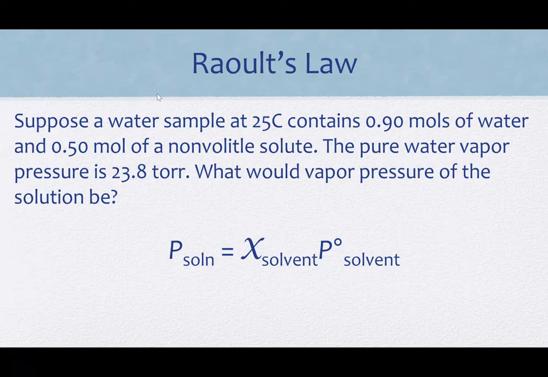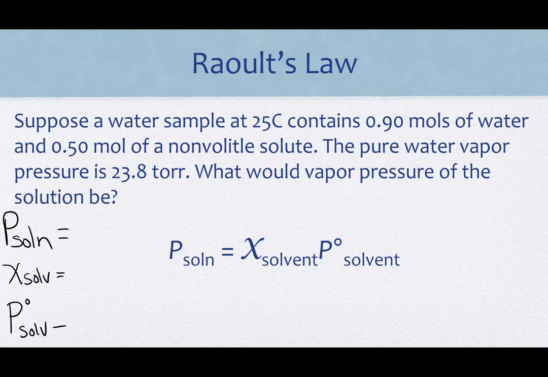All right. So just like every problem, I'm going to take inventory of what I know, try to determine what I don't know. Okay. So here's my 3 variables that are in my formula. So what is the vapor pressure of the solution?